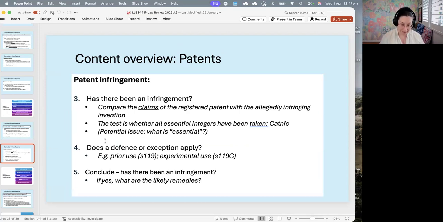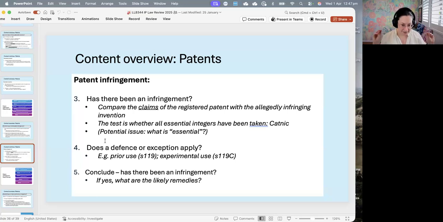And what happens in an infringement claim is that the court will look at the claims that I have made in my patent application, right? I have to set out my invention does 1, 2, 3, 4, right? Exactly what it does. And they will look at what my invention does and what the allegedly infringing invention does. And they will say, has that taken all of the essential elements of my invention, right? All of the essential elements.